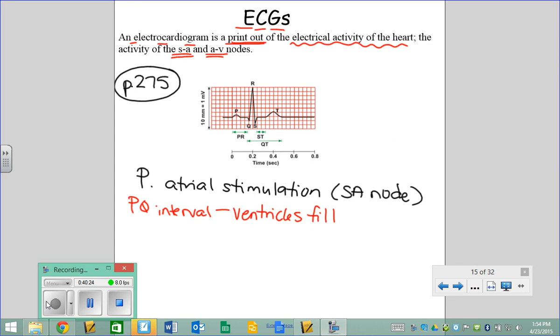Now the next step is the Q, and really the Q and the R and the S are sort of one big complex. So that you know the difference, the Q interval is the first side, so it's the side that's going upwards, so we'll call that Q. And during this side, you'll see in your textbook, it's one of the places that has another little line underneath, and it's showing a sound.